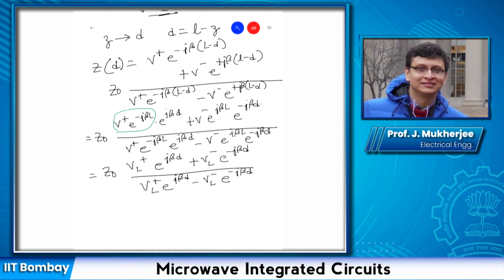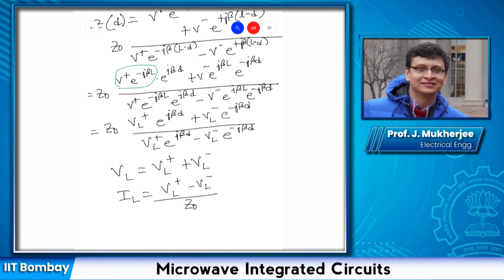Now, before simplifying this, I note that the voltage at the load end V of L is equal to V of L plus plus V of L minus, and the current at the load end is V of L plus minus V of L minus upon Z0.